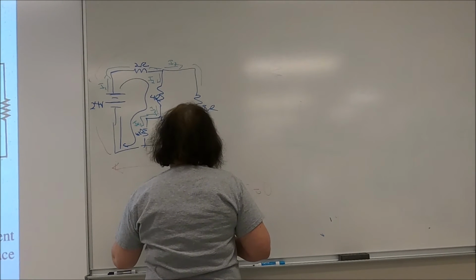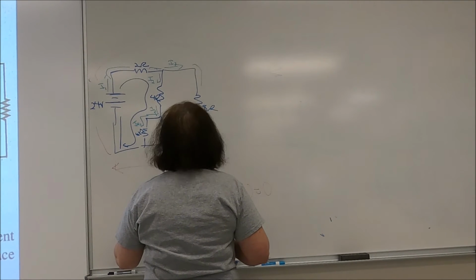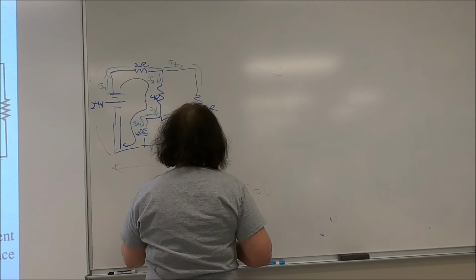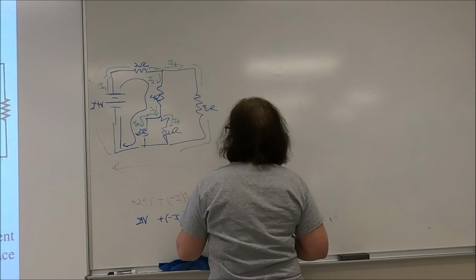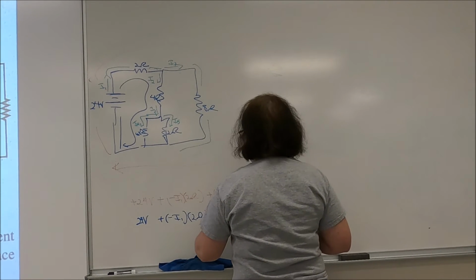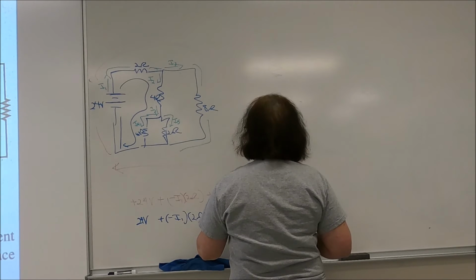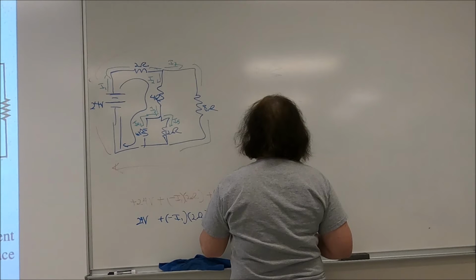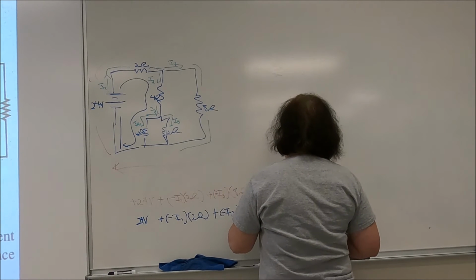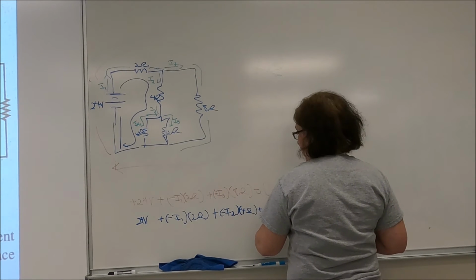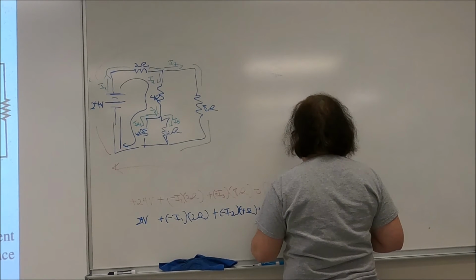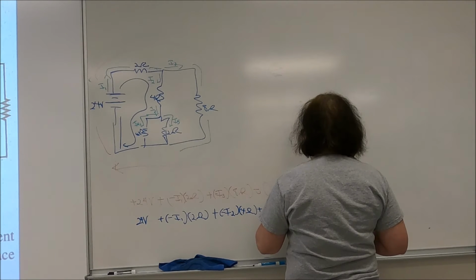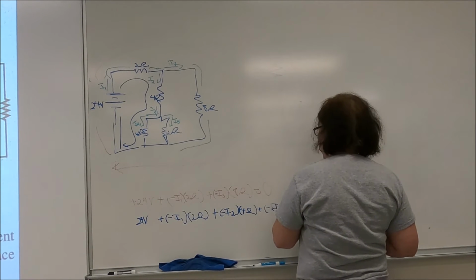So I have 24 volts plus a minus I1 times 2 ohms plus a minus I2 times 4 ohms plus a minus I4 times 6 ohms equals 0.